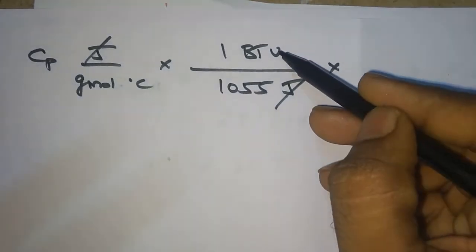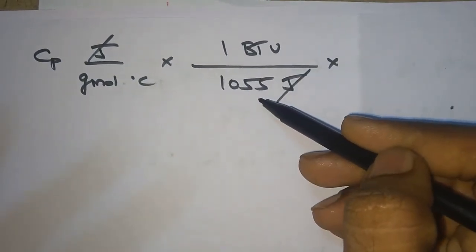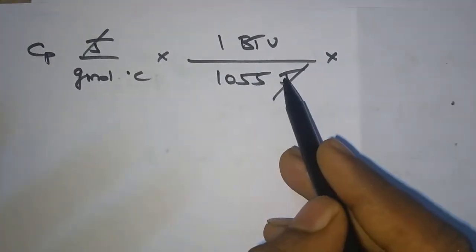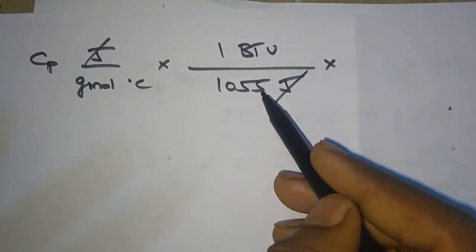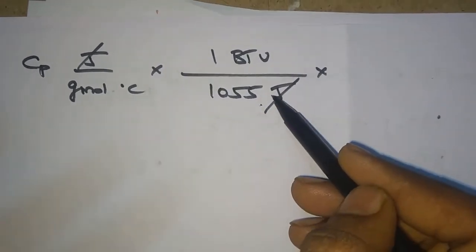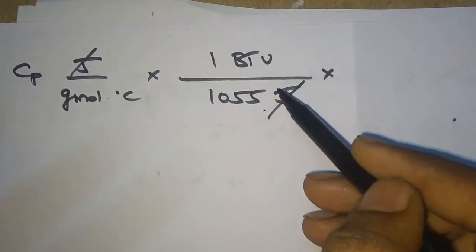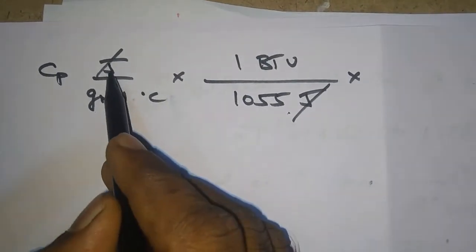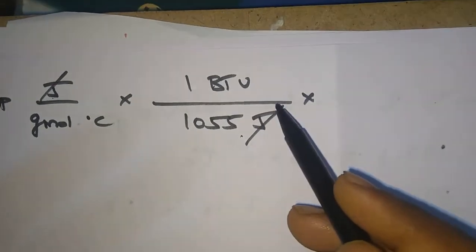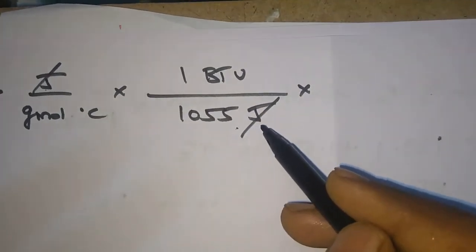For example, if BTU is given and we have to convert to joule, then 1 BTU equal to 1055 we will write in the numerator. But here we are doing the reverse. Joule has to be converted to BTU. Therefore, we write BTU in the numerator: 1 BTU by 1055 joule.